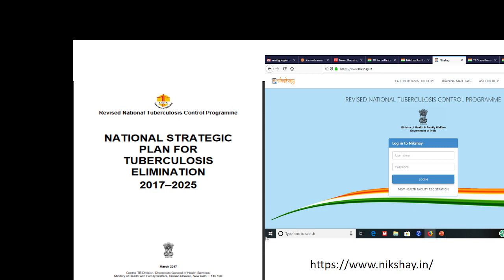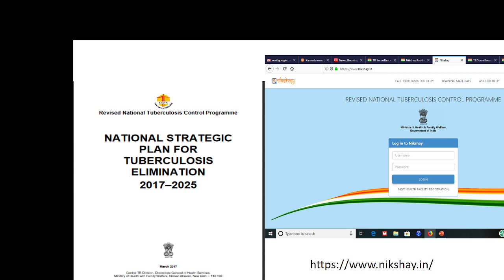Treatment of tuberculosis, as per the current protocol and the National Strategic Plan for Tuberculosis, should be done only after declaring the patients of tuberculosis in the Nikshay portal. It's necessary, mandatory. Of course, till now no punishment is decided if you treat tuberculosis without declaring this, but it is considered unethical.